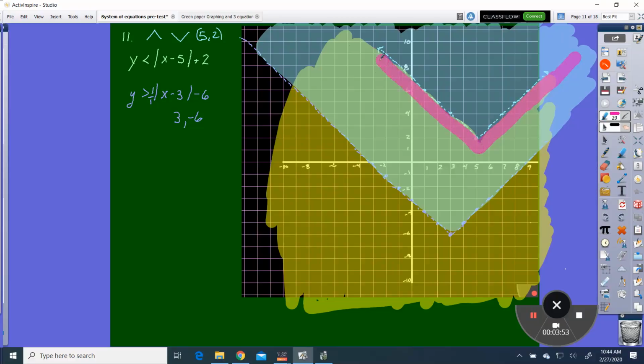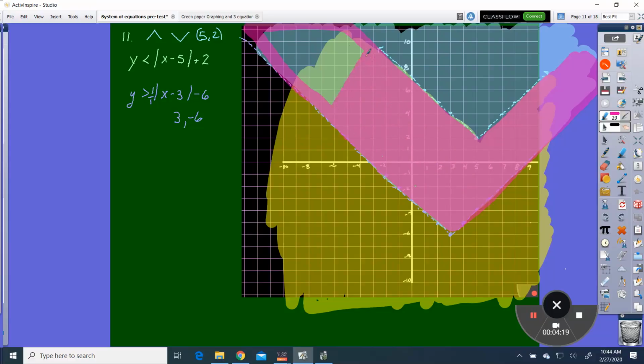So this stuff in here, that's my actual answer, because any point inside of this area would work for both of these. Okay, so this picture is your answer.